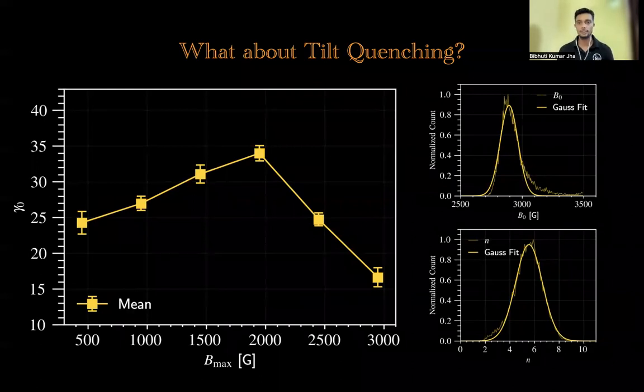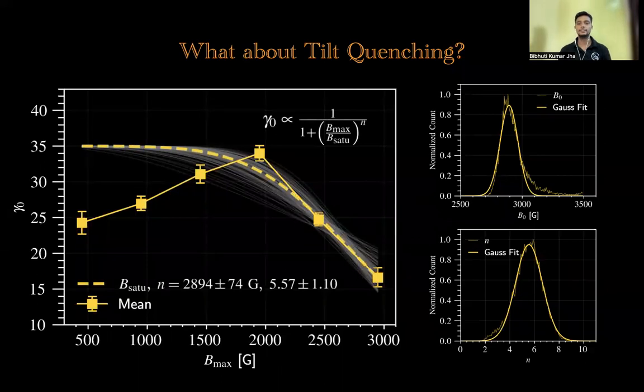When we apply this, you can see the distribution of B naught and N. First, we randomly selected 100 values of B naught and N and plotted them here, represented by the thin lines in the background. Then we took the mean of B naught and N and plotted the fitted line, represented by the dashed line.